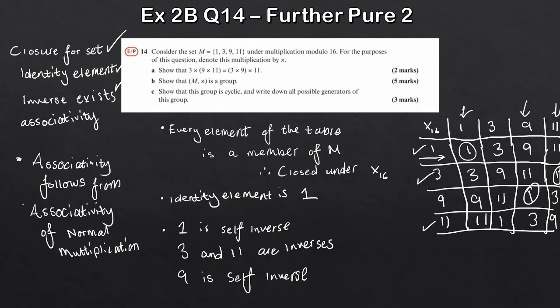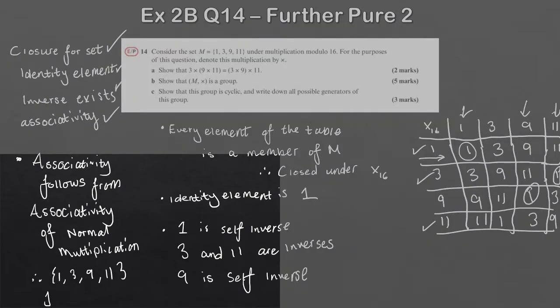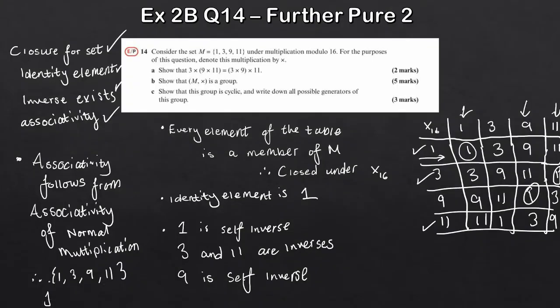So what that means is that associativity also holds for this set here. So finally what we can say is that the set M, 1, 3, 9, 11, forms a group. Oops, I didn't want to do that. What have I done? So it forms a group, so let's just get my pen back on.